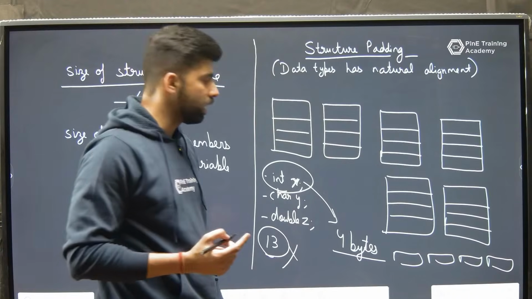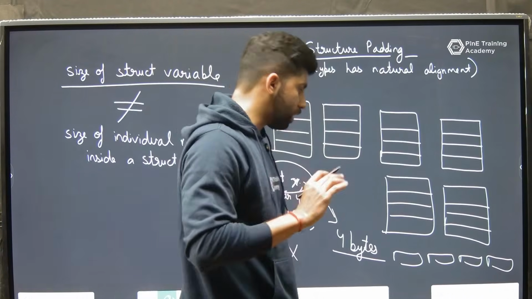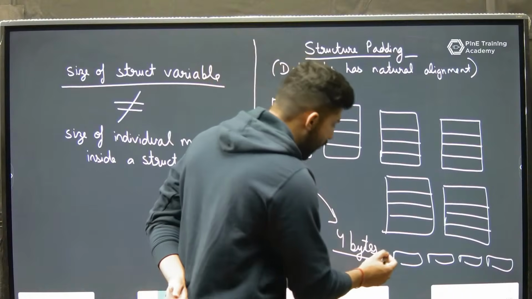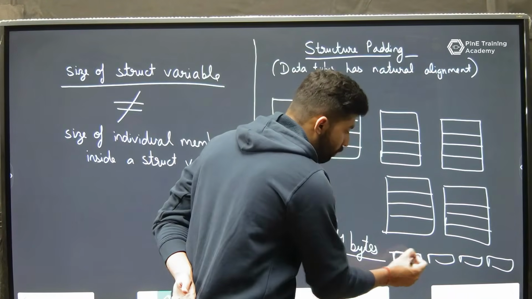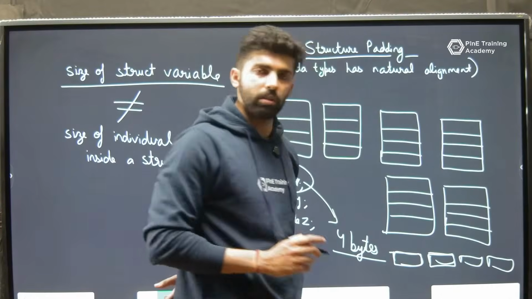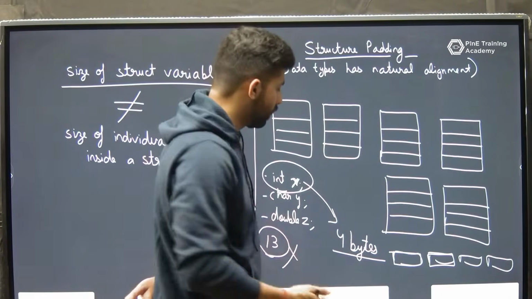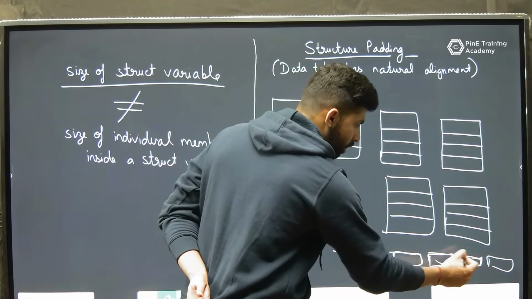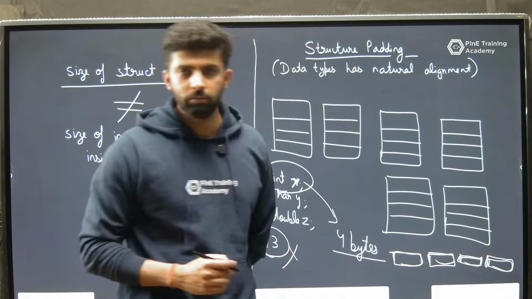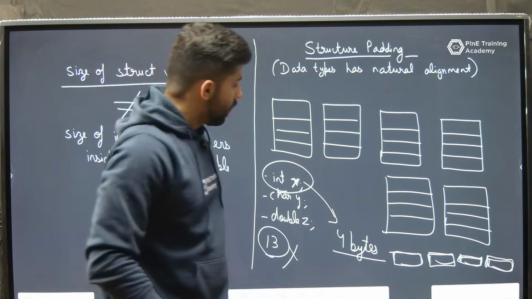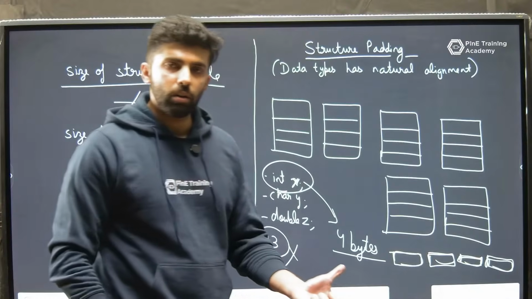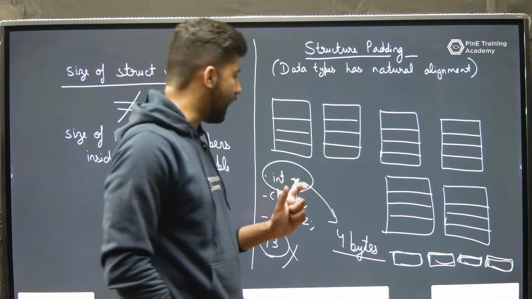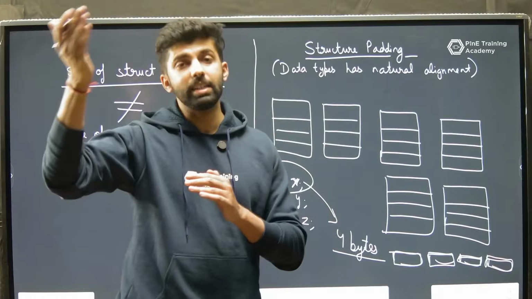That means your computer will have to read 1 byte at a time. Normally, if you think, your computer will have to read 1 byte at a time. Instead of doing this, what our computer prefers is that it reads several bytes at a time.